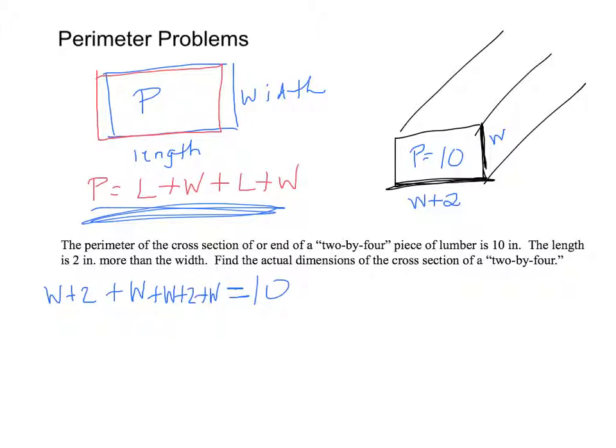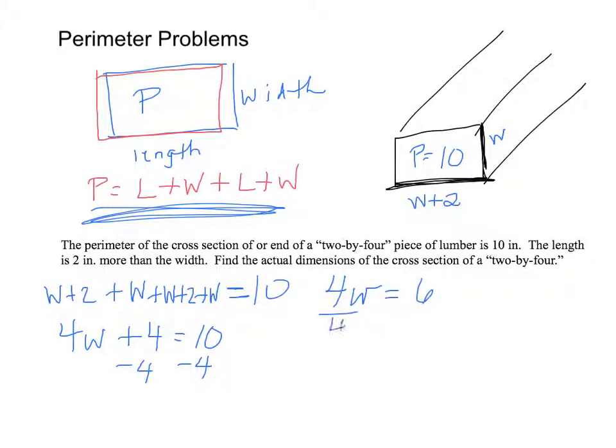There's my equation. All I have to do now is combine like terms. So 1, 2, 3, 4 W, so I have 4W plus 2 plus 2 is 4 equals 10. If I subtract 4 from both sides, I'm going to have 4W is equal to 10 minus 4, which is 6.